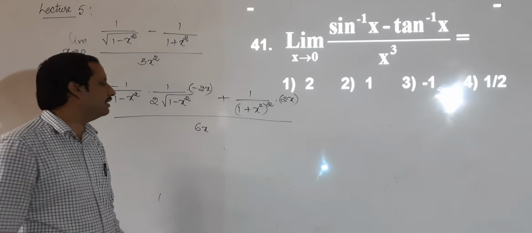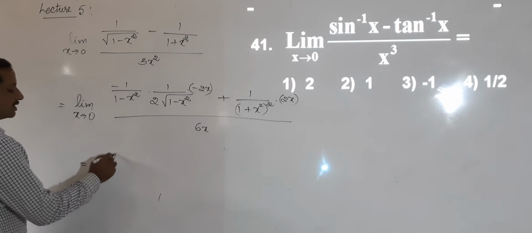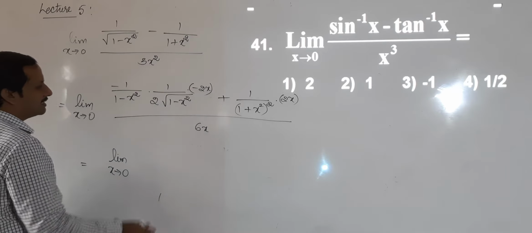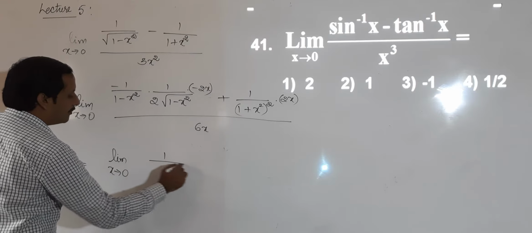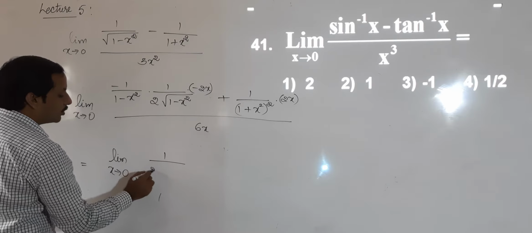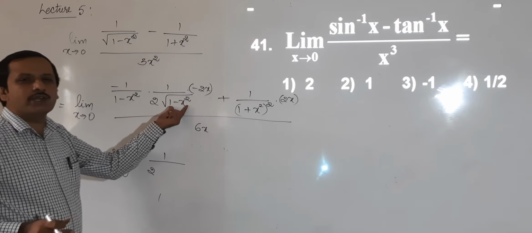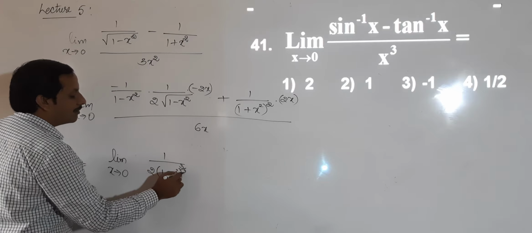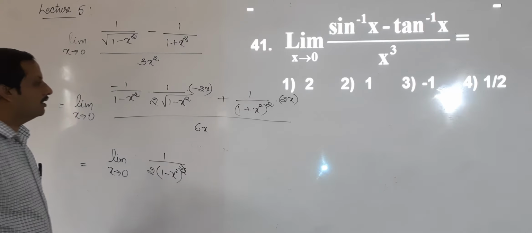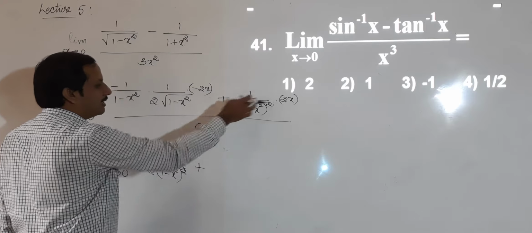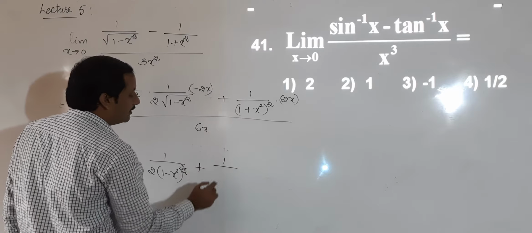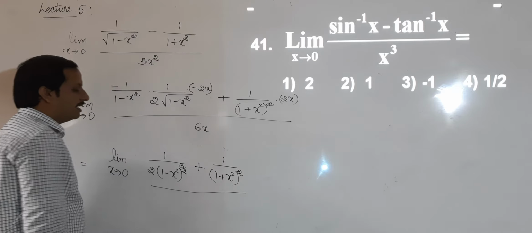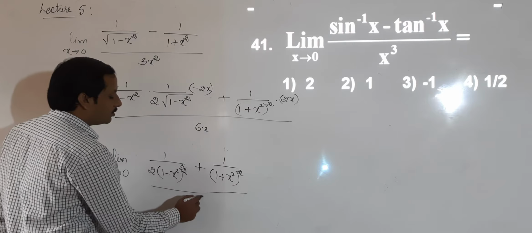After the cancellation, we are left with the limit as x tends to 0, here minus into minus will become plus. 2x I have taken out, so 1 by 1 minus x square into this, so 2 into, here 1 minus x square is there, here root 1 minus x square is there, together I can write that as (1 minus x square) to the power 3 by 2, plus that 2x I have taken common and cancelled, so we are left with 1 by (1 plus x square) whole square, whole divided by, here also we have cancelled 2x, so 3 will remain.